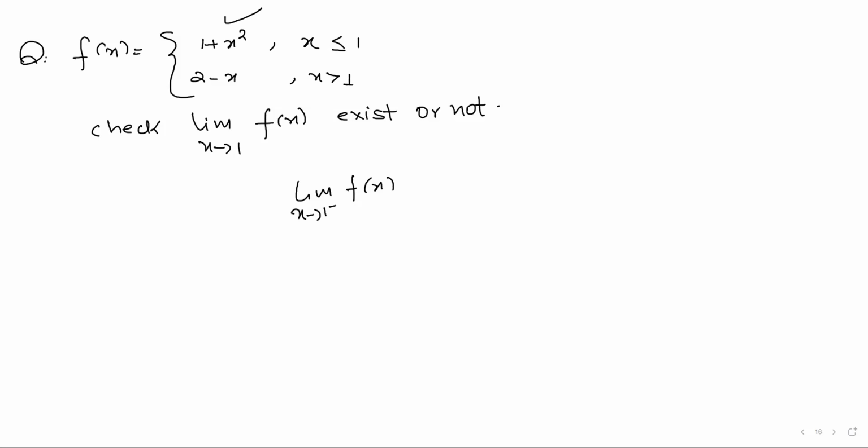So left hand limit 2 आ रही है मेरी. Sparsh, very good. This is correct. Please find the right hand limit.